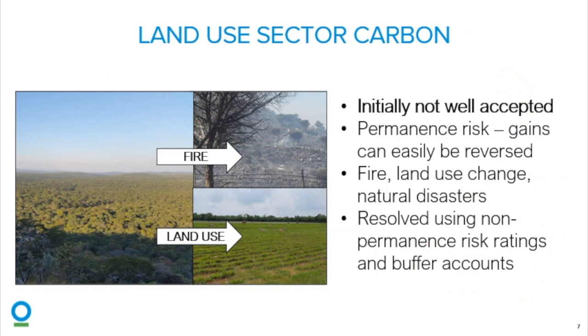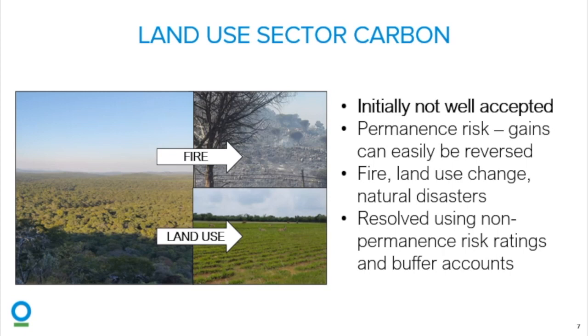Land use sector carbon projects such as avoided deforestation and regenerative agriculture were not well accepted in the early days of carbon markets. This was due to the risk of reversals due to fire, land use change and other natural disasters.